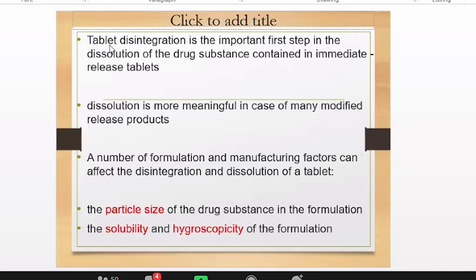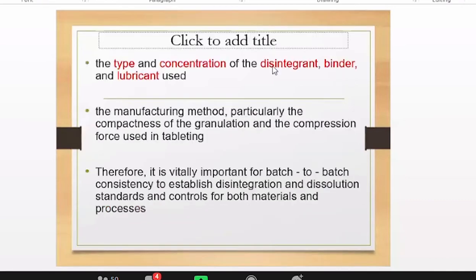Other things you can consider is the type and concentration of the disintegrant. We did talk about the roles of these excipients, disintegrant, binder, and lubricant, which you use. So the type and the concentration are going to be affecting the rate of disintegration and dissolution.